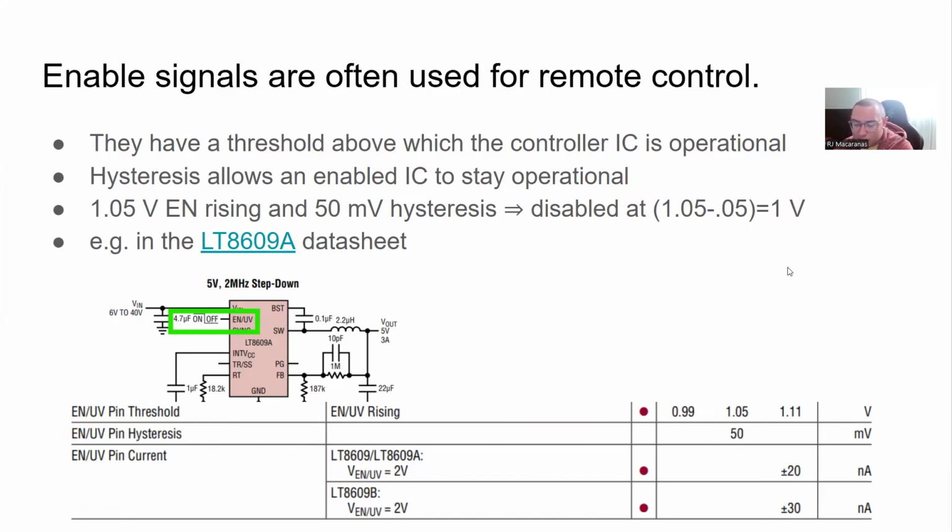So if we're already in an enabled state, it's going to stay enabled so long as that enable voltage is above 1 volt. And once it drops below 1 volt, then we are now in a disabled state. And so that's this remote control capability as well as hysteresis.